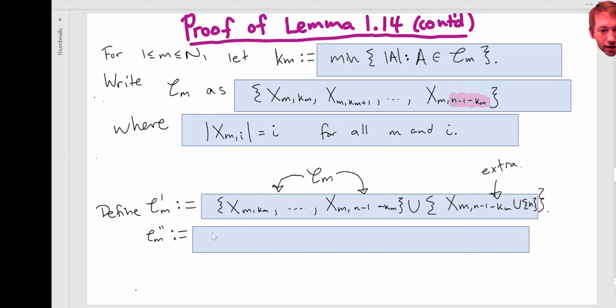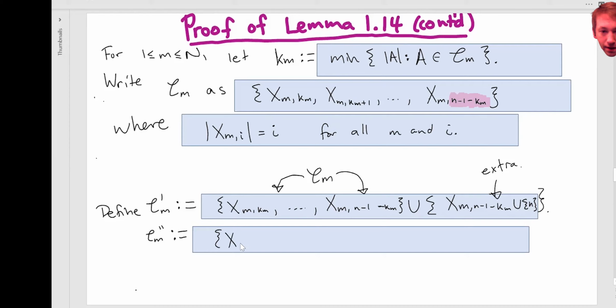The other one, we also define a chain C_m prime, where, instead of here where I took the biggest element and added n to it, I need to represent every set that has the number n in it. Those are the sets that aren't covered by the chains we had from the previous level, for the power set of 1 up to n minus 1. So what I'm going to do in the second chain is fairly natural.